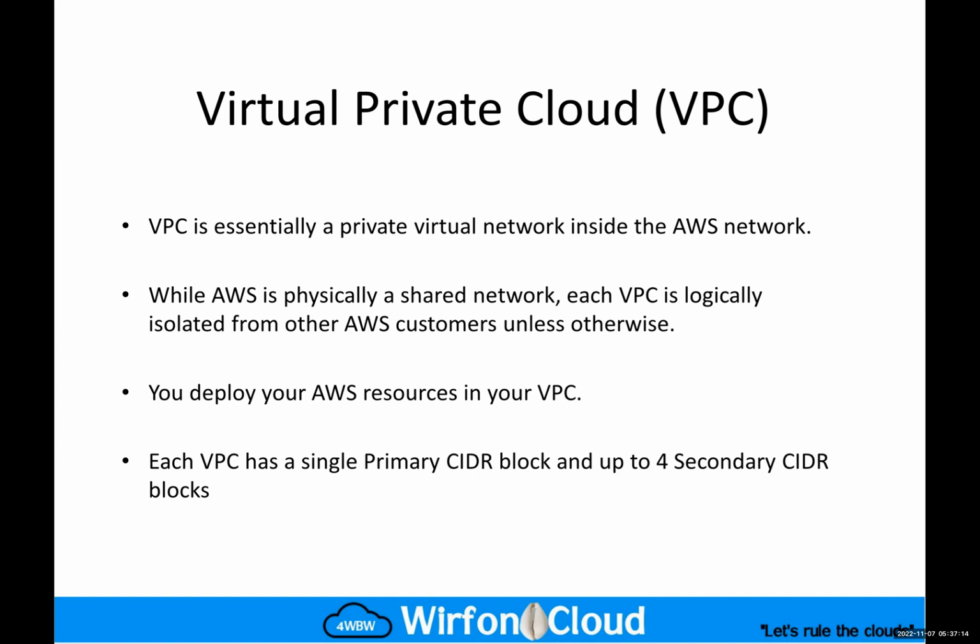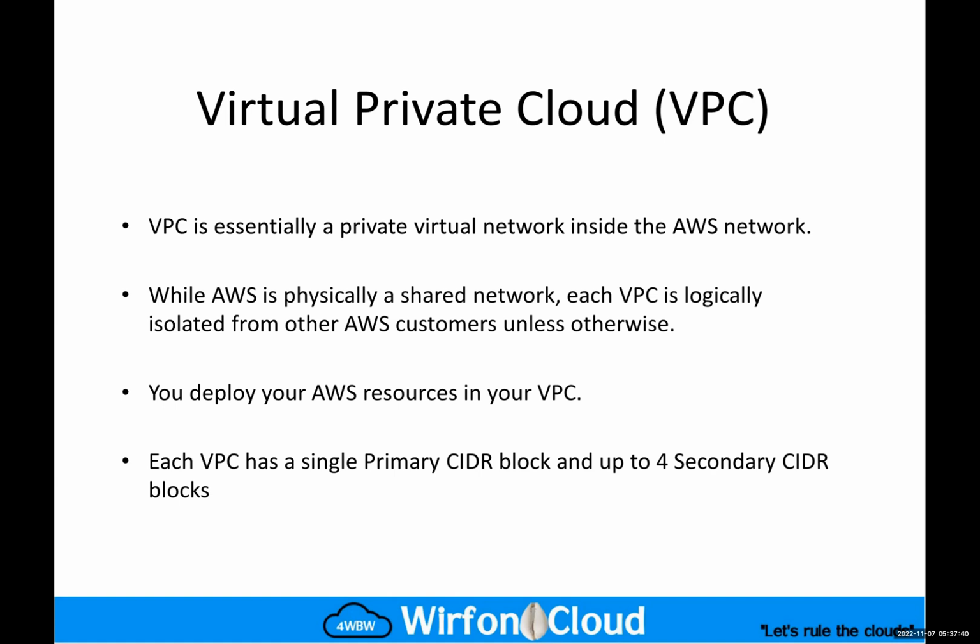AWS allows you to create a logical partition within their own network, and all of these VPCs will be isolated from each other unless you actively or intentionally connect them.